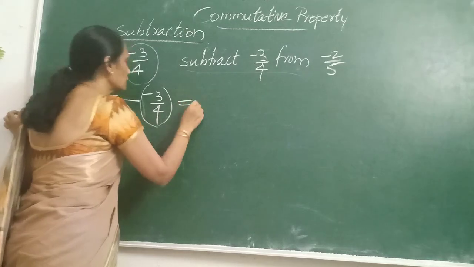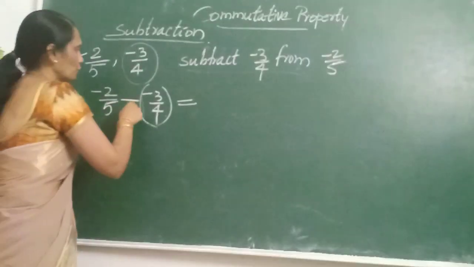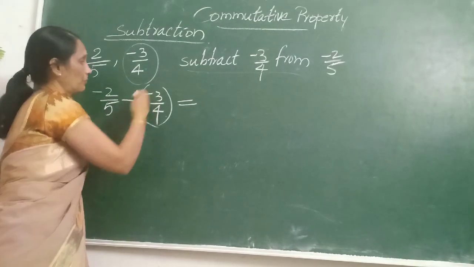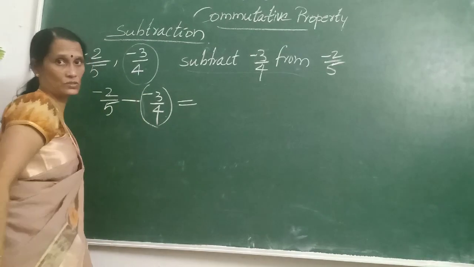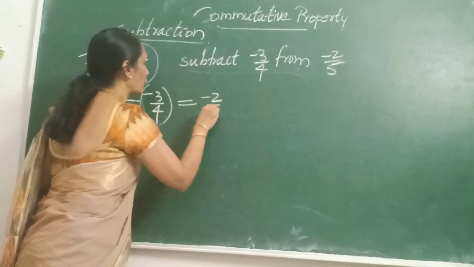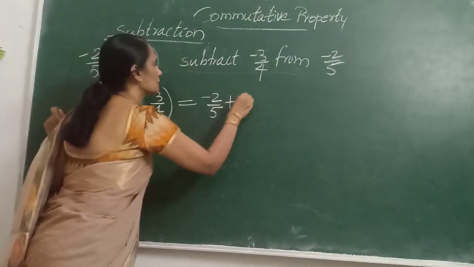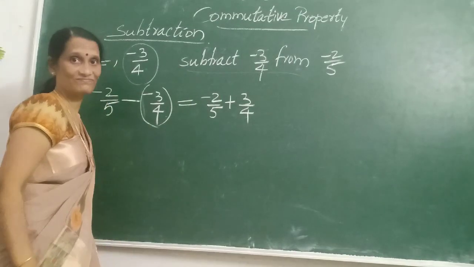You know that minus of minus, when two minuses are nearby, becomes plus. So it becomes minus 2 by 5 plus 3 by 4. Now it became addition.